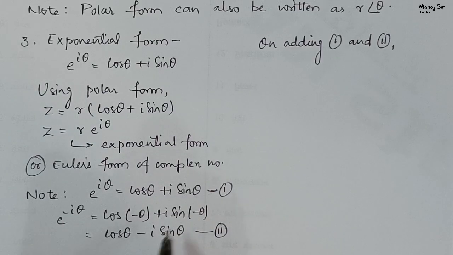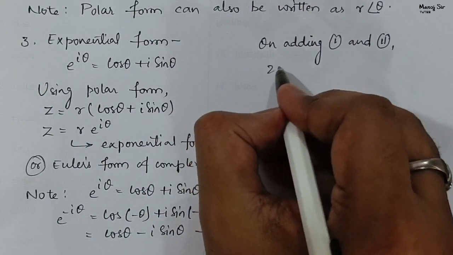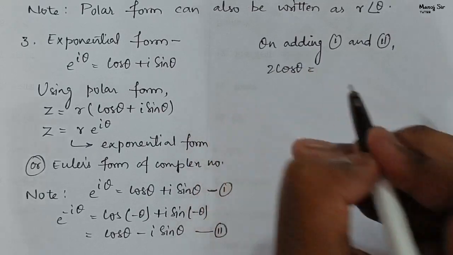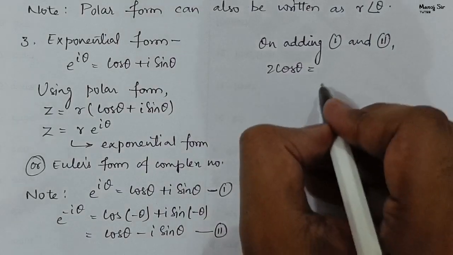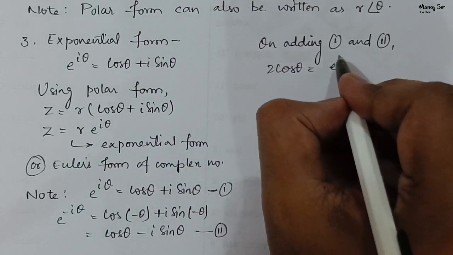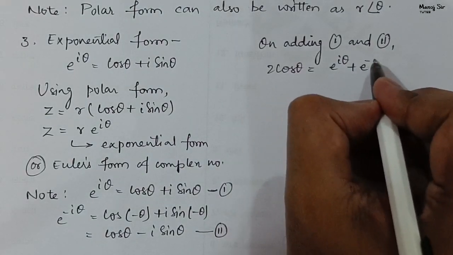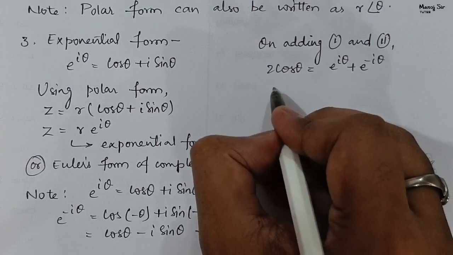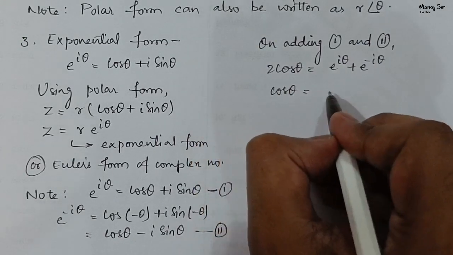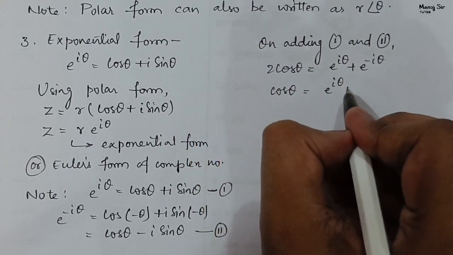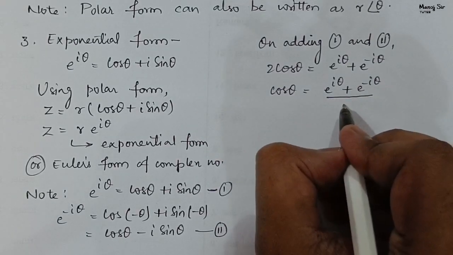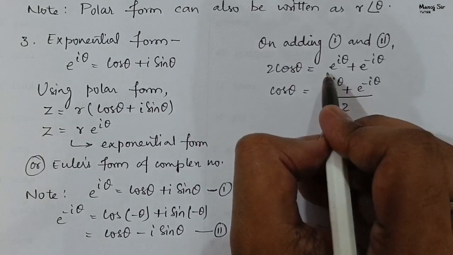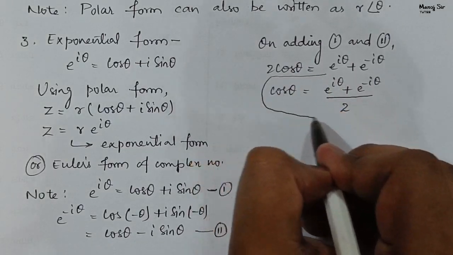I sin theta will get cancelled. What is left is 2 cos theta. So 2 cos theta equals e to the power I theta plus e to the power minus I theta. So cos theta equals e to the power I theta plus e to the power minus I theta upon 2. This is an important result.